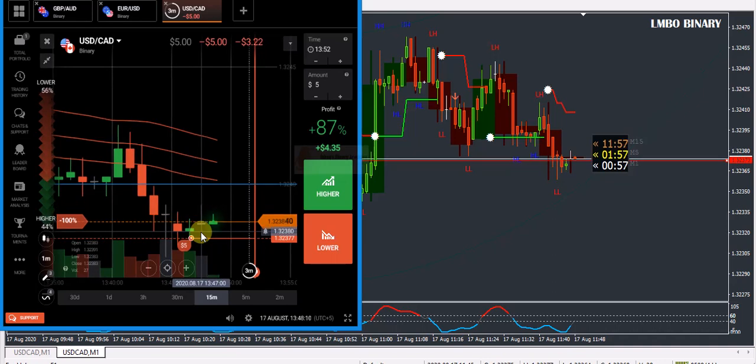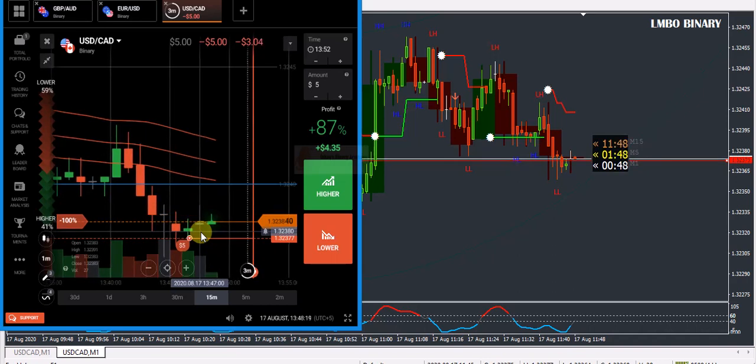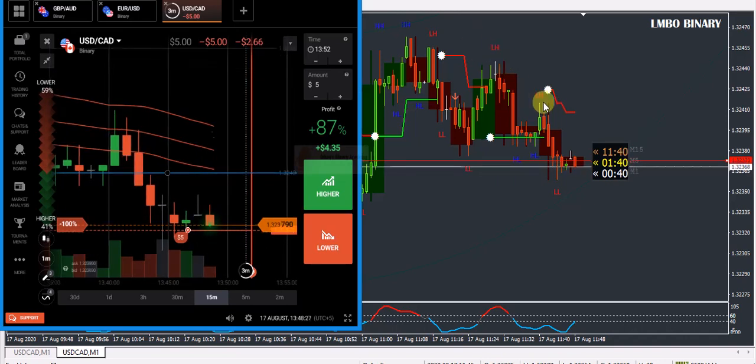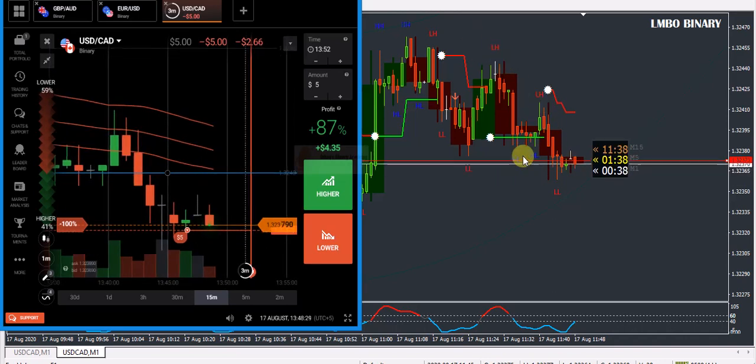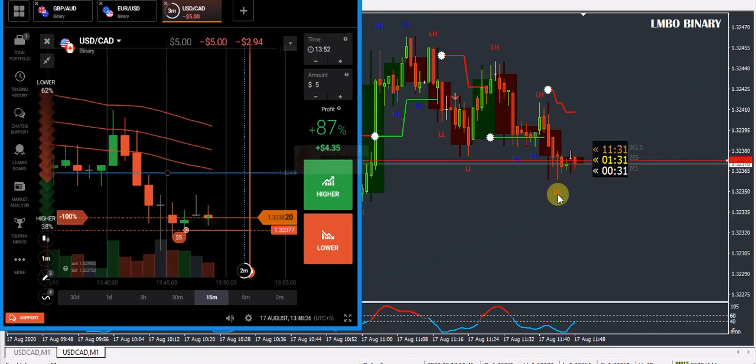Because the downtrend is establishing here. Always look at the market here, it made a lower high, a higher low, and a lower low also. So there are more chances that the market can go down.